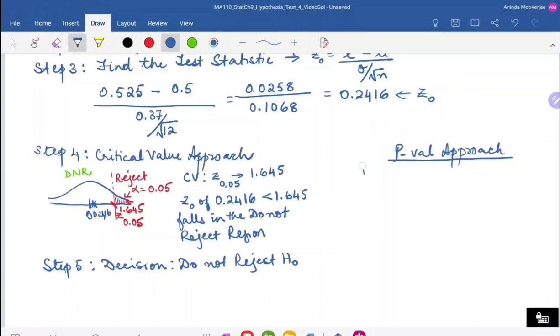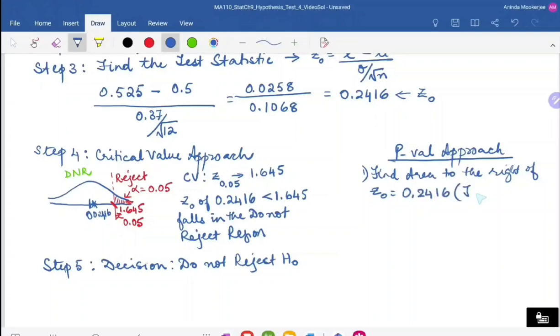We take our test statistic value and find the area to the right of Z sub 0 equals 0.2416.